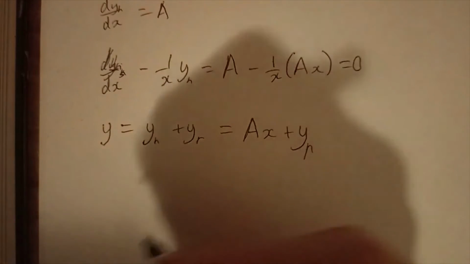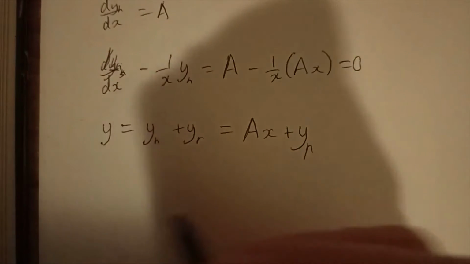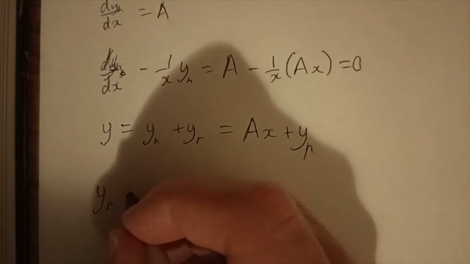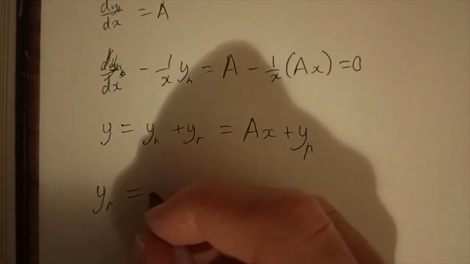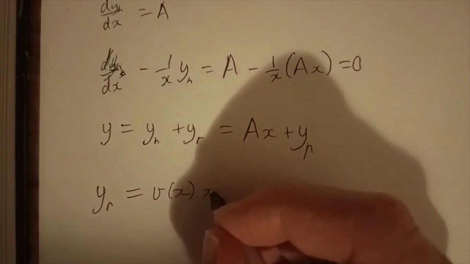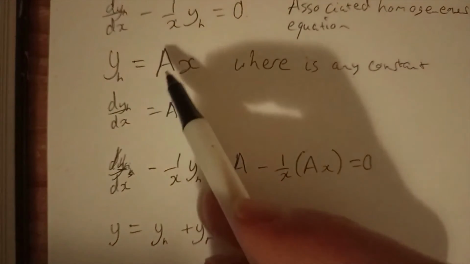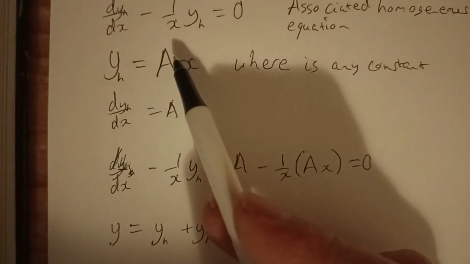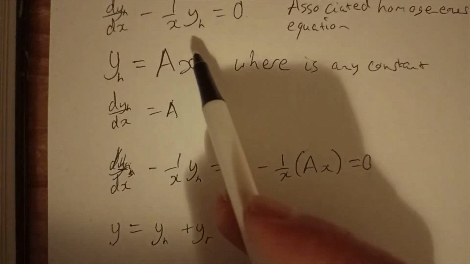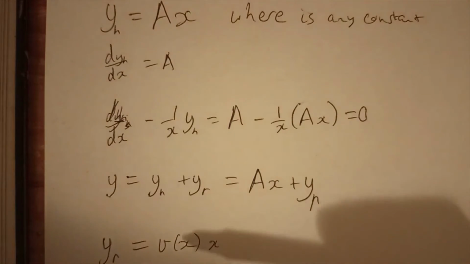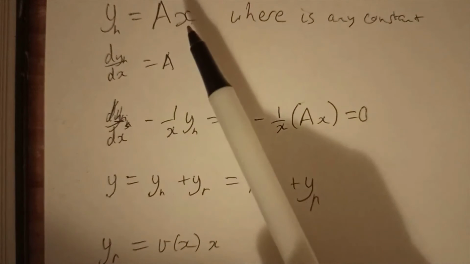And again, we'll use the method of variation of parameters. So y_p, we'll set equal to some function of x times x. Again, we're varying this parameter, this constant a, to find some particular solution y_p of the form some function of x times x.